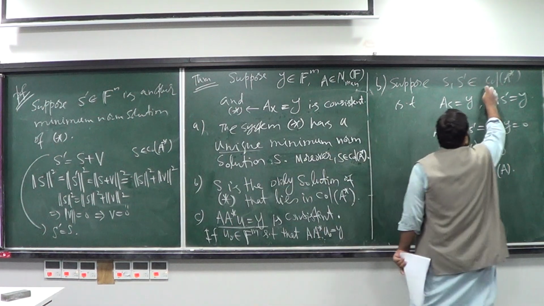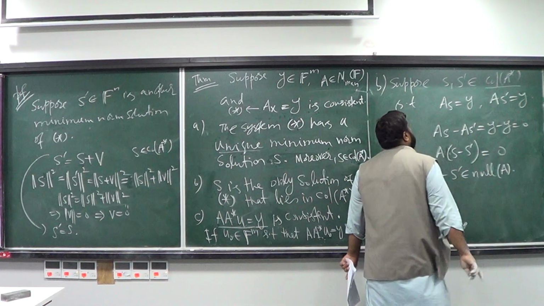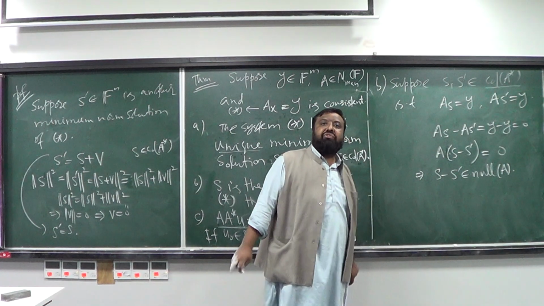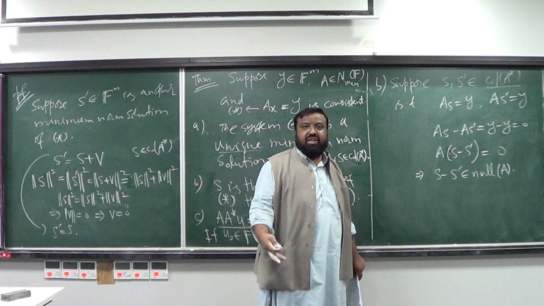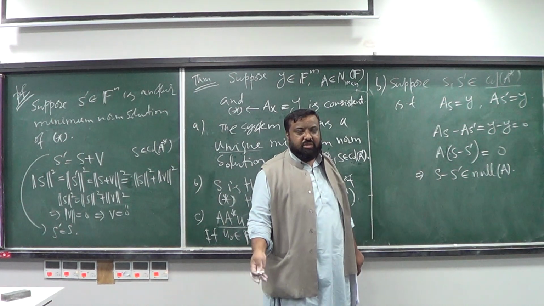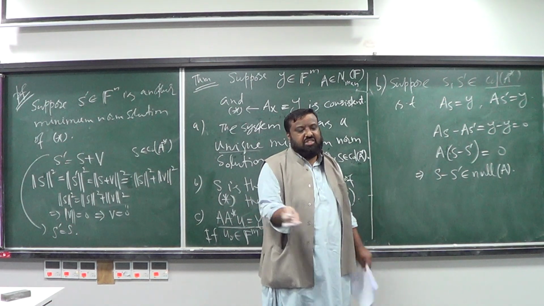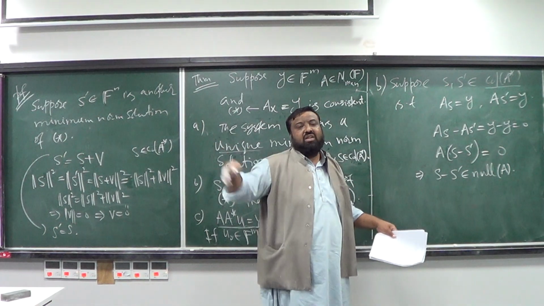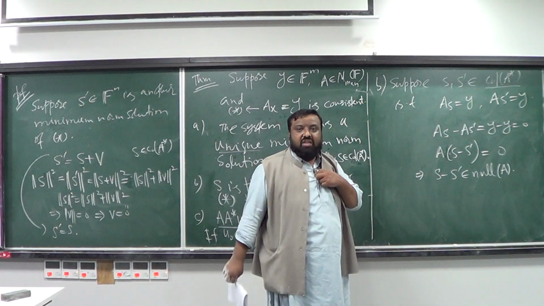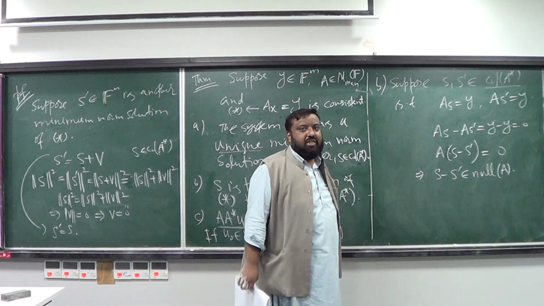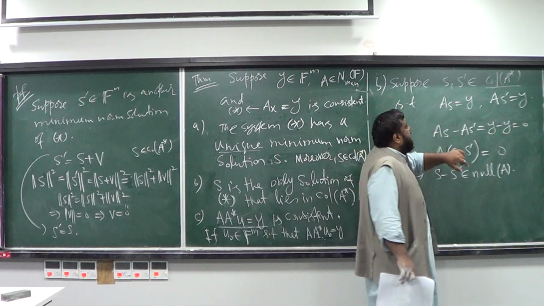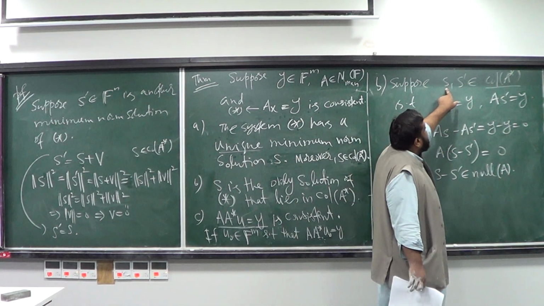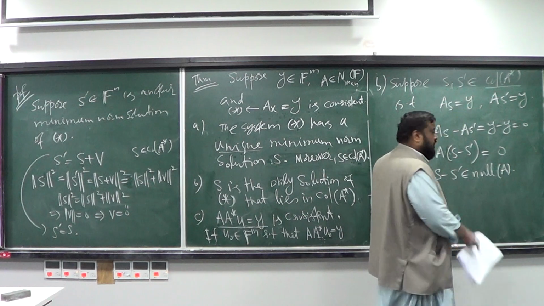Moreover, we also know that the column space is a subspace of Fn. It's a subspace because it's a span, simply the span of the columns of A star. The span is always a subspace. If it is a subspace, then S minus S prime also belongs to the column space.